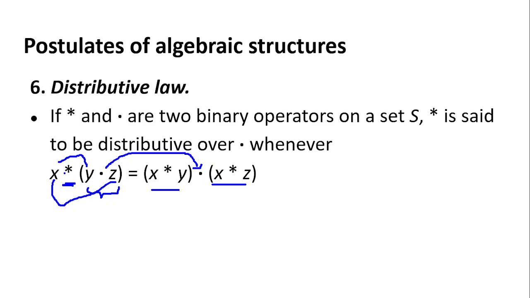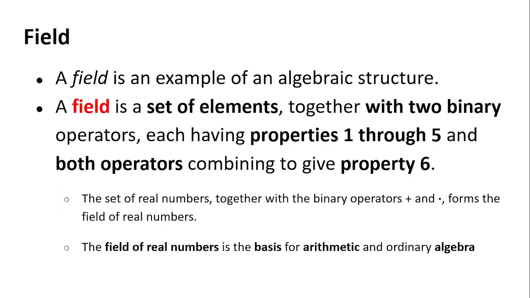So you apply x dot y and x dot z separated by star. In other words, you are distributing them. It's like you distribute the load between the two operators.